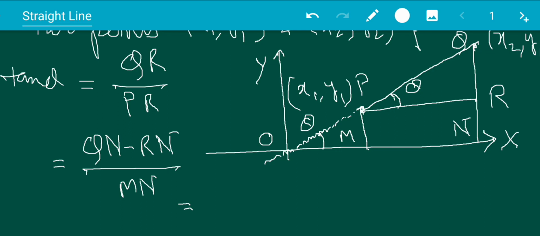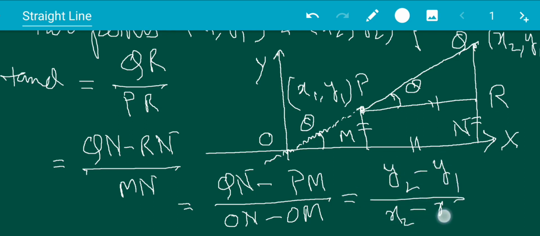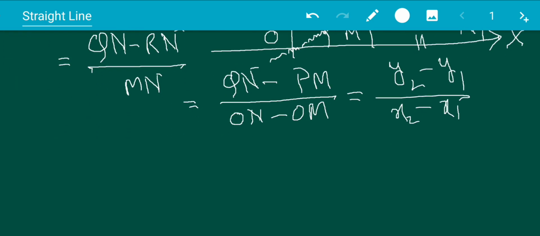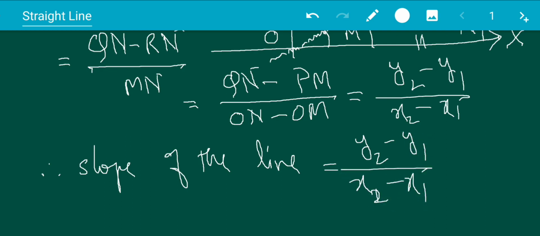So this is nothing but QN minus PM, because PM is equal to RN, and again PR is equal to MN. Now MN can be written as ON minus OM. This is nothing but y2 minus y1 divided by x2 minus x1. So the slope of the line is equal to (y2 minus y1) by (x2 minus x1). So this is how you find the slope of the line.